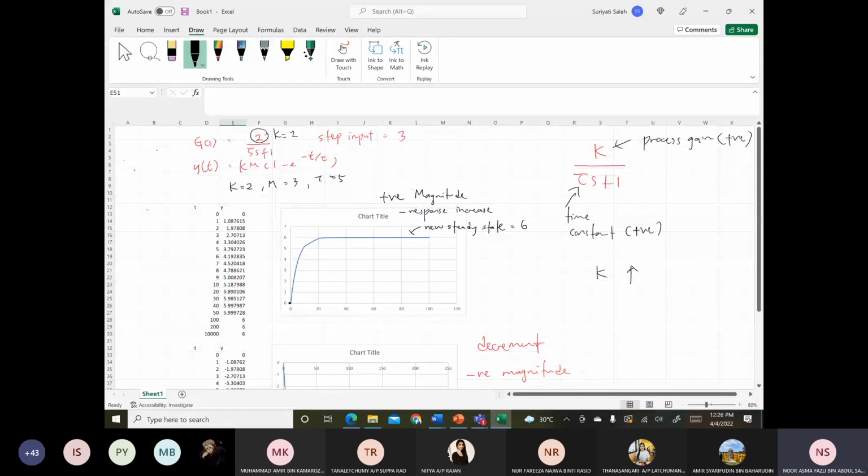That's why your new steady state becomes 6. If let's say your K equal to 3, then 3 multiplied by 3, you get 9. So the final steady state value becomes 9. So when your K is increased, the final value will be increased. So this is the characteristic of your K.